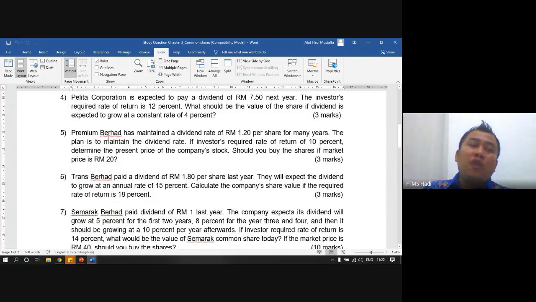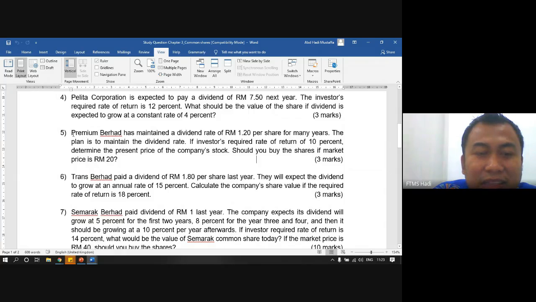Okay, I will tell you why. Let's have a look at the question. If you read the question carefully, Premium Berhad has maintained a dividend rate of RM1.20 per share for many years. The plan is to maintain the dividend rate, and the required rate of return is 10%. Determine the present price of the company stock. Should you buy the shares if the market price is 20? I will talk about this one later on.